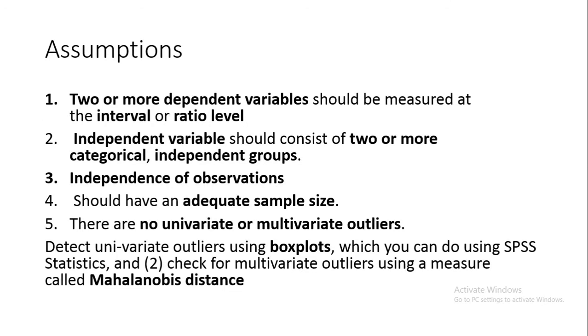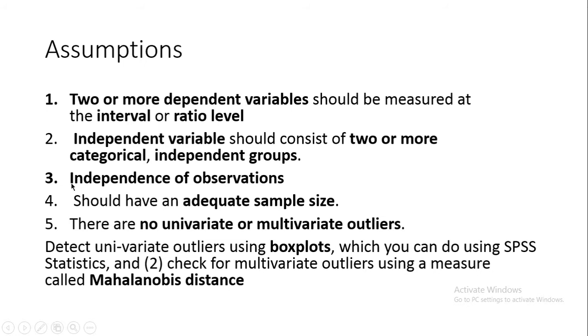The multivariate analysis of variance has many assumptions. One assumption is that the dependent variable should be measured on an interval or ratio scale, that is, your dependent variable should be a quantitative or continuous variable, and the independent variable should consist of two or more categories, and the groups should be independent and mutually exclusive.